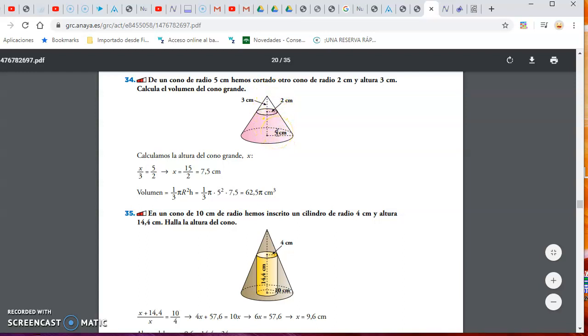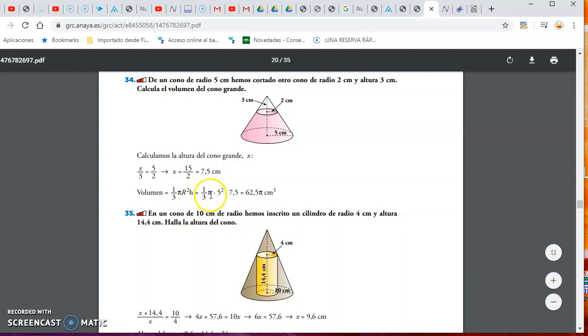Okay, and we guess what is the total height, and the total height is this, only this piece. It is 4.5 and the whole one is 7.5. So we use the formula. The formula is one third of pi r squared multiplied by the height.